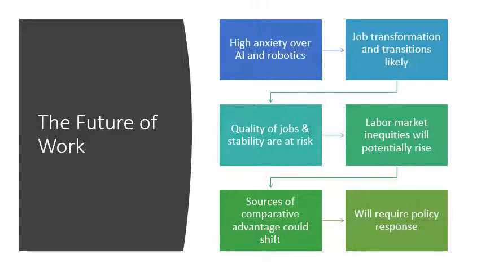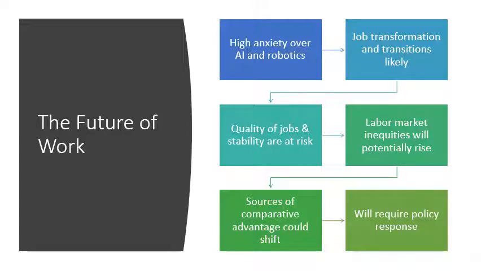Some people claim that this time around is different. Regardless of whether we all are put out of work by robots or not, there will definitely be a lot of job transformations and job transitions. Managing those transitions effectively, providing training and re-education for displaced workers, is going to be very important.